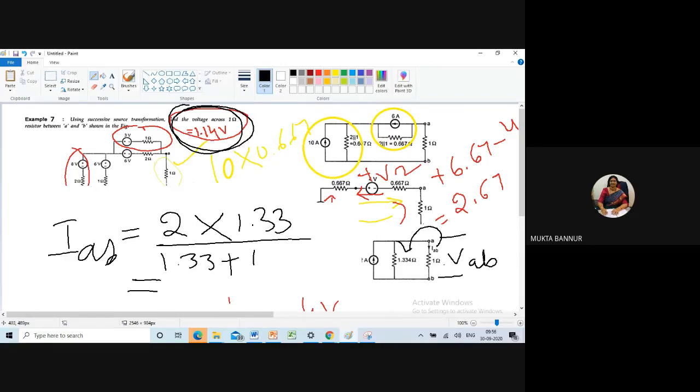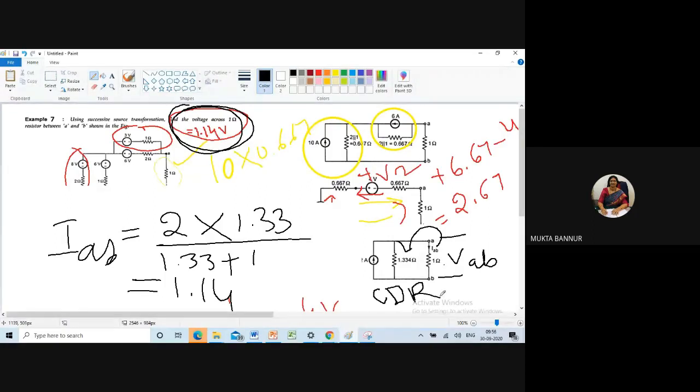Let me know the answer. Will it be 1.14? Same answer? Yes, same answer. You have got it by applying the current division rule.